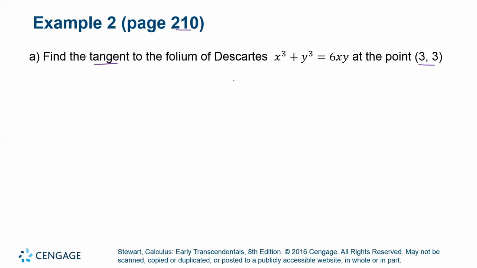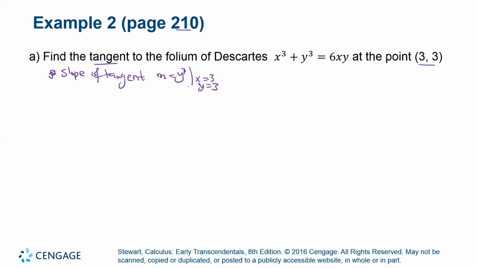Now at the point, basically, we need to find the slope of the tangent. So first, the slope of the tangent, m, is equal to y prime, evaluated at x equal to 3, y equal to 3.